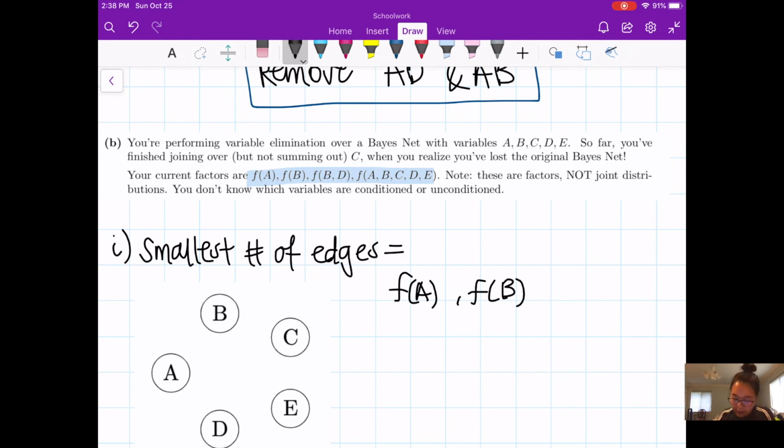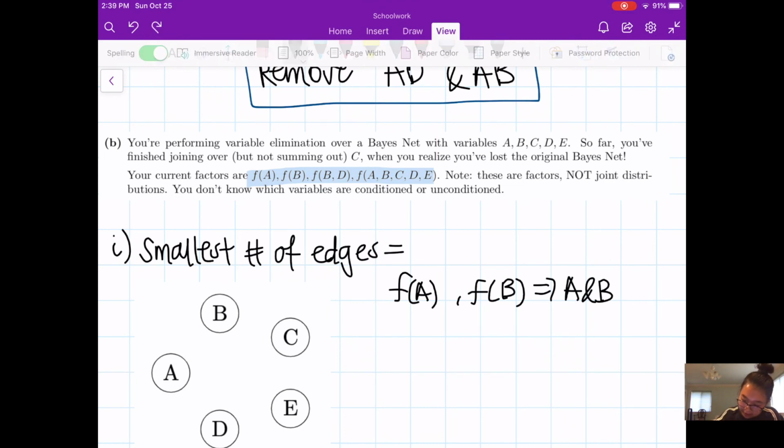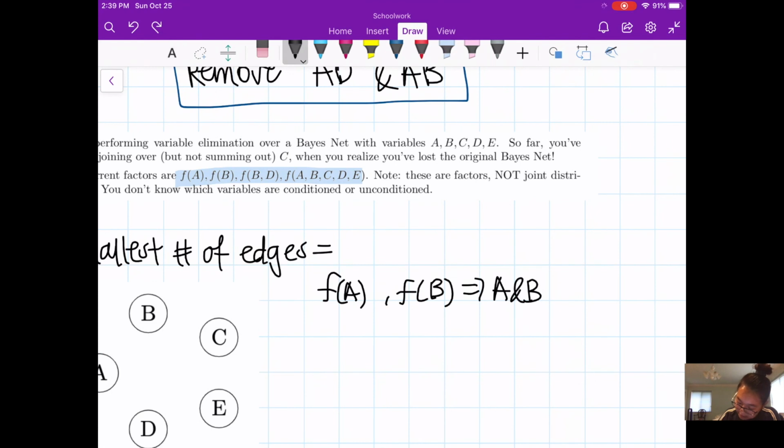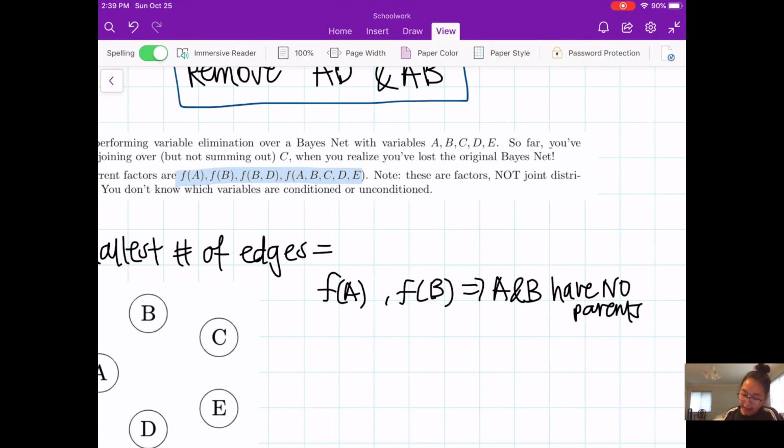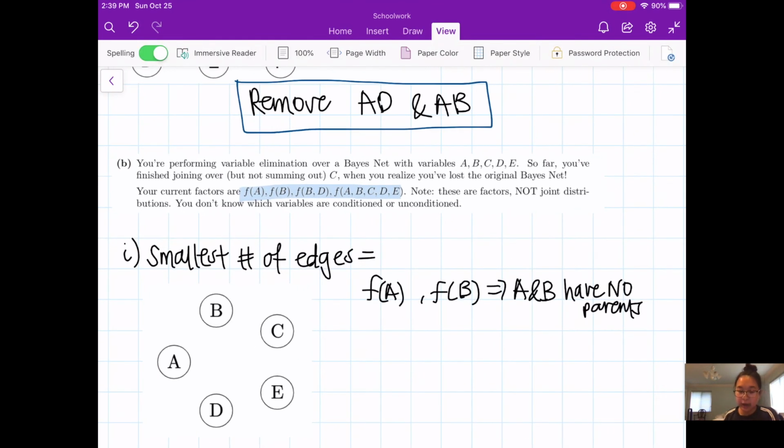So because of this, we know that A and B are nodes that have no parents. So let me write that down. Have no parents. So there will only be outgoing arrows from A and B and no ingoing arrows.